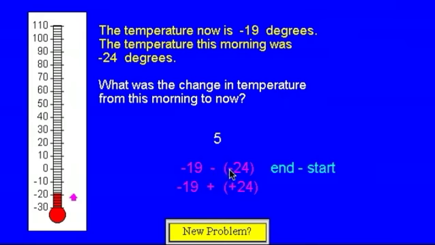But a minus of a minus makes it a positive. So minus 19 plus 24. Opposite signs we subtract. So it's 5, and we take the sign of the larger, which makes it positive. So we went up 5 degrees from minus 24 to minus 19.